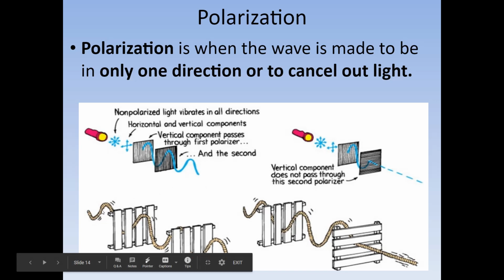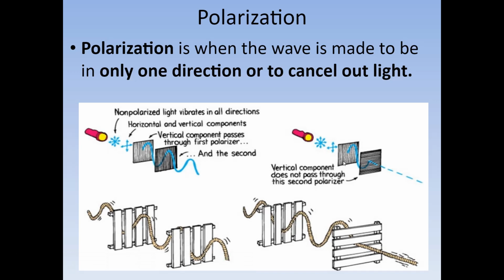The best way of thinking about it is similar to sending a wave on a string, and you have a picket fence with these vertical slots here. It's only going to allow a vertical wave to pass through because of the vertical openings. On the flip side, if we take a vertical polarizer and combine it with a horizontal polarizer, these two are going to block out vertical and horizontal waves, leaving us with nothing.